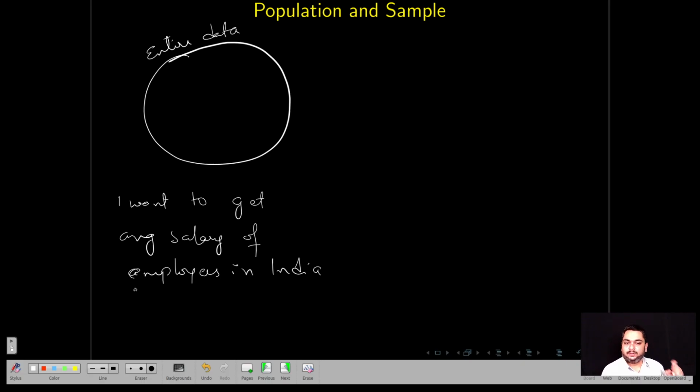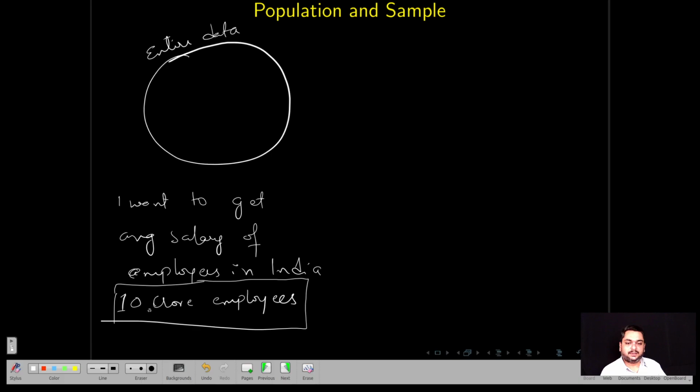What I am saying is I want to estimate the average salary of employees in India. Let us say there are 10 crore employees in India. So this becomes my population. All employees working in India, say 10 crore, is the population.